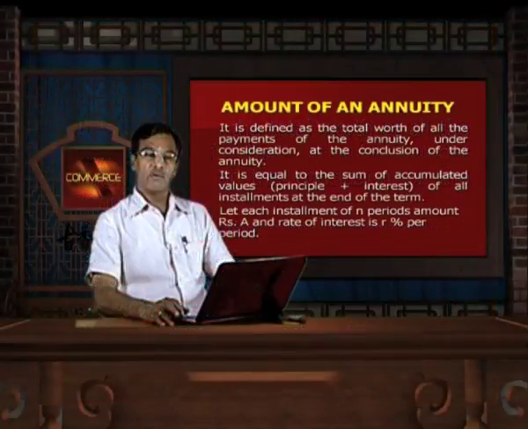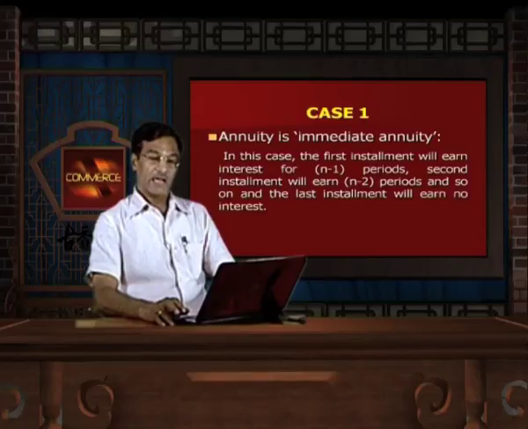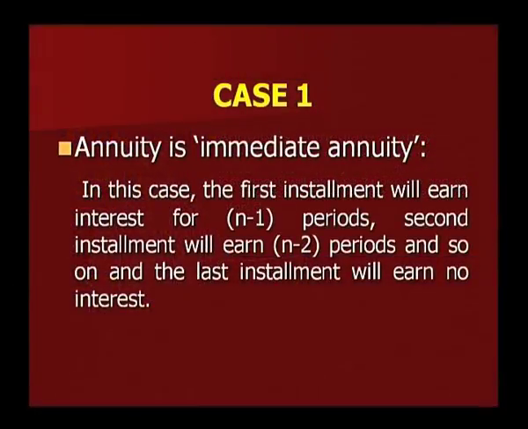Then we can calculate the amount of annuity in two different cases. Case 1, annuity is immediate annuity. In this case, the first installment will earn interest for n-1 periods, the second installment for n-2 periods, and so on. The last installment will earn no interest.